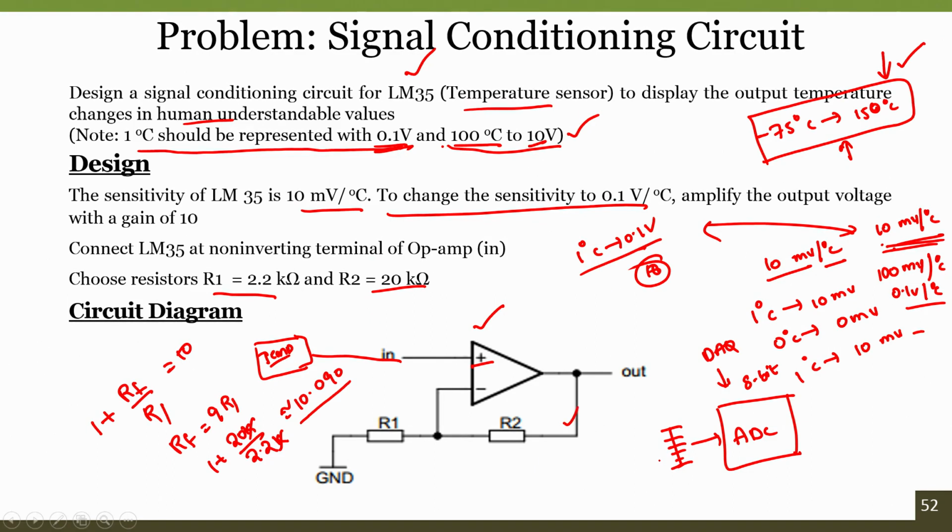In the next session, we will use the same temperature sensor. Since the output is very small, and the reference voltage of the ADC in this case is 5 volts, let me take an empty slide. I will take the temperature sensor output, where the output is 10 millivolt per degree centigrade.